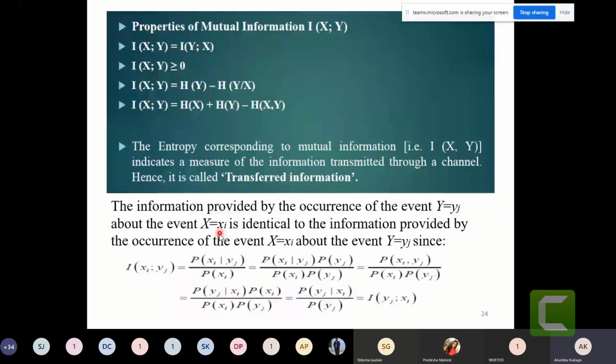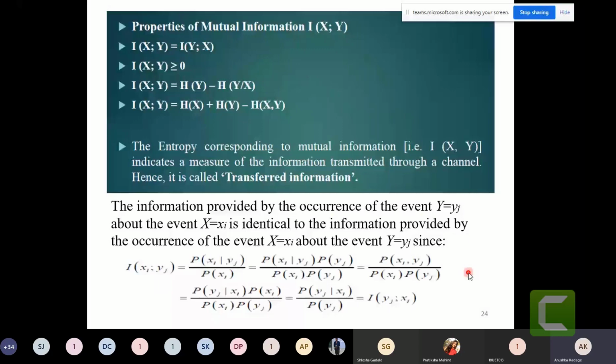And it is identical to the information provided by the occurrence of event X equal to xi about the event Y equal to yj. That means we want to derive the equation for I of xi semicolon yj equal to I of yj semicolon xi. Now how is it obtained? So we are going to check that.